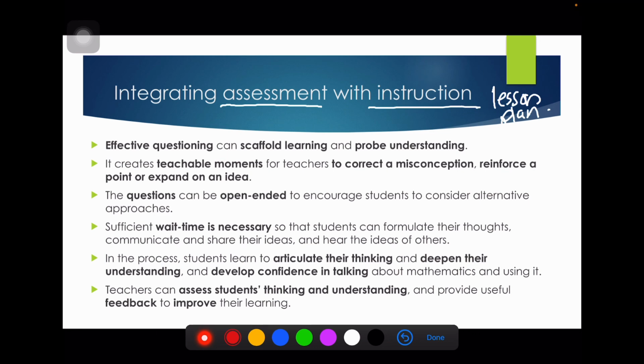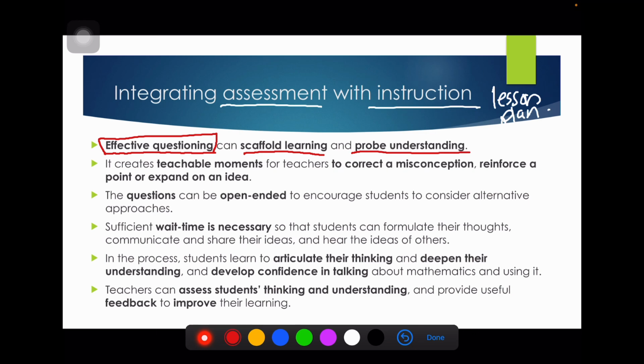Now, one way for you to do that is to question your students. So you have to use effective questioning technique. If you are able to use effective questioning, that means you are scaffolding the learning and you are probing into what they have understood during your lesson.